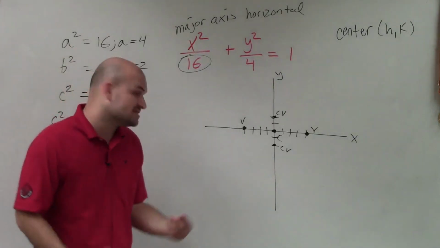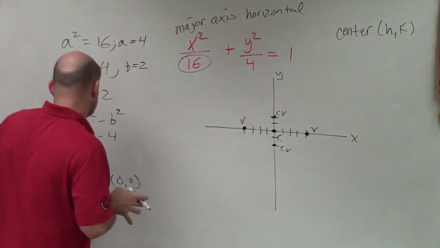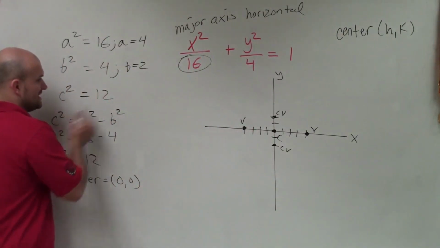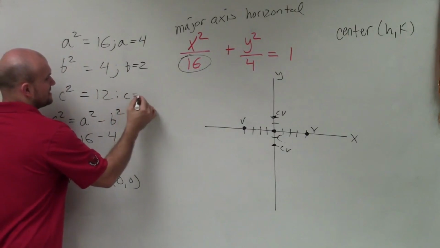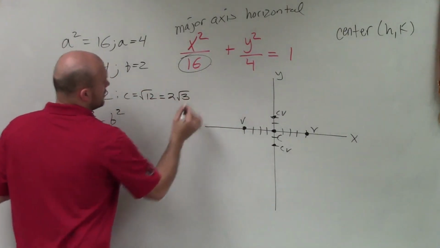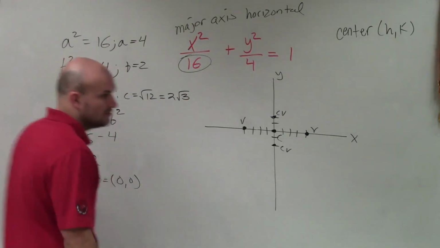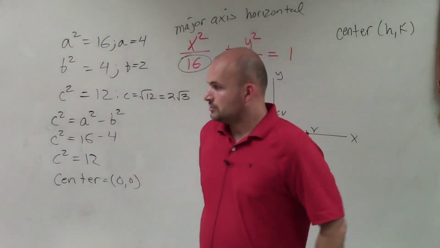And then remember, the foci is between the center and the vertices, and that's going to be a distance of c. So in this case, I'm going to say c is equal to the square root of 12, which is equal to 2 square root of 3.